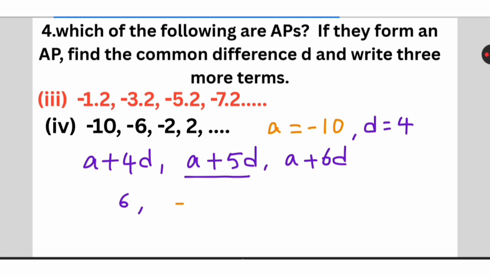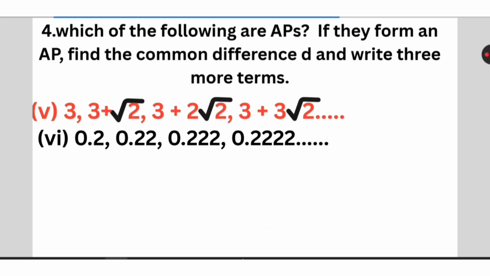So a is minus 10 plus 5 times d value is 4. 5 times 4, which gives 20. 20 minus 10, which gives only 10. Now a plus 6d. So minus 10 plus 6 times d value is 4. That is 6 times 4, which gives 24. 24 minus 10, which gives plus 14. So the 7th term is 14. So these are the 3 more terms of this 4th question.